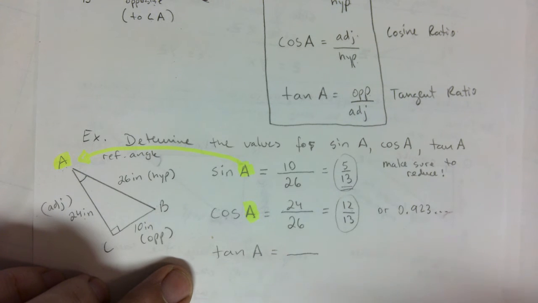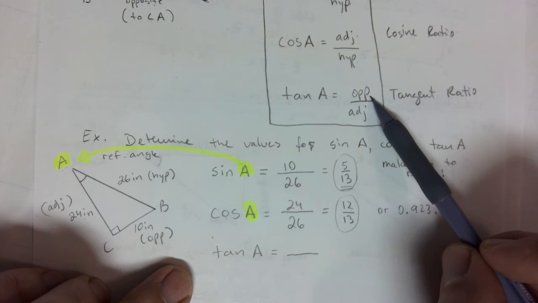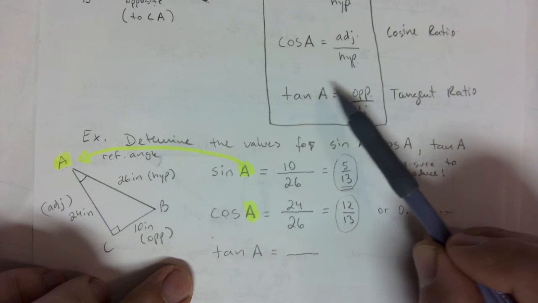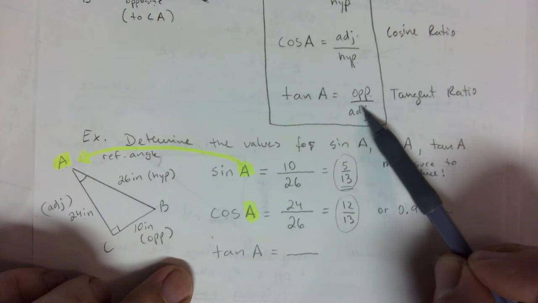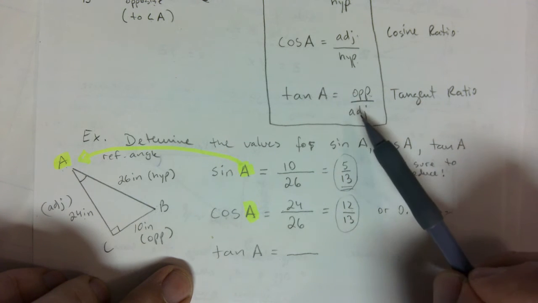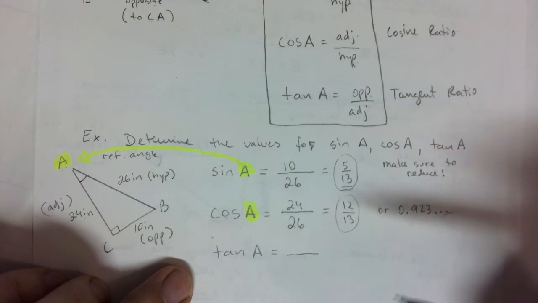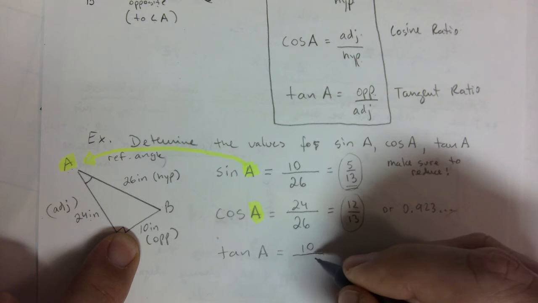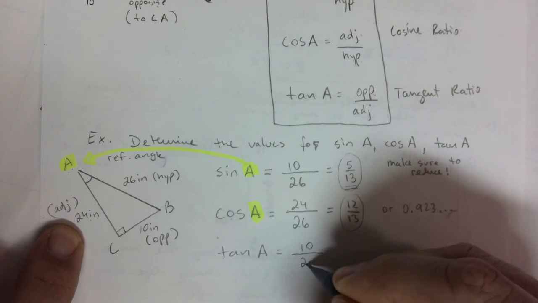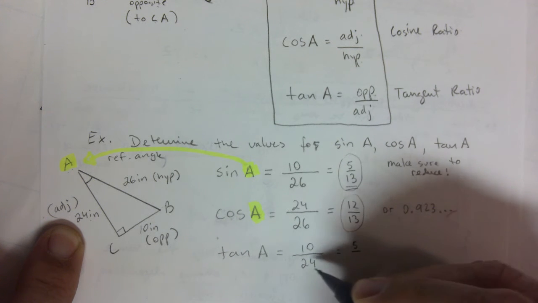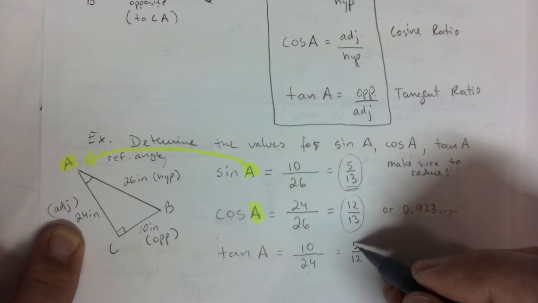And let me say this in a different way. It's not just opposite. When you see this, you're actually saying tangent of angle A is equal to the opposite side to A over the adjacent side to A. That's what we are saying specifically in this case, okay? So tangent of A is opposite, which is 10, and the adjacent, which is 24. 2 goes in there 5 times, 2 goes in there 12 times, right?